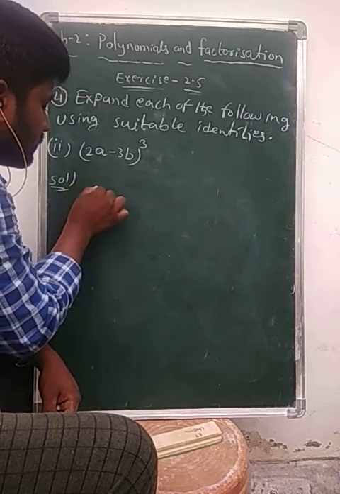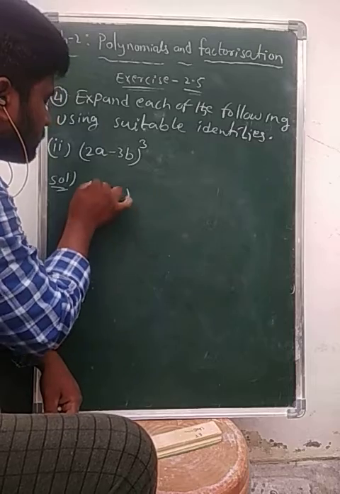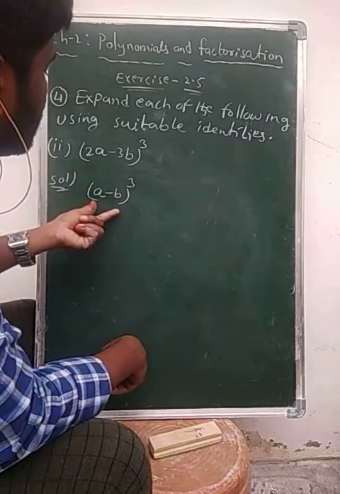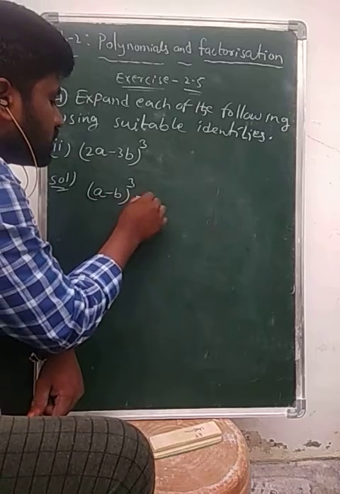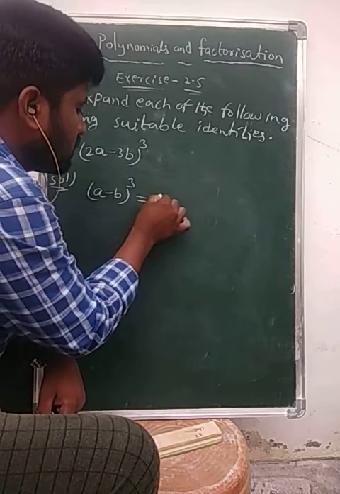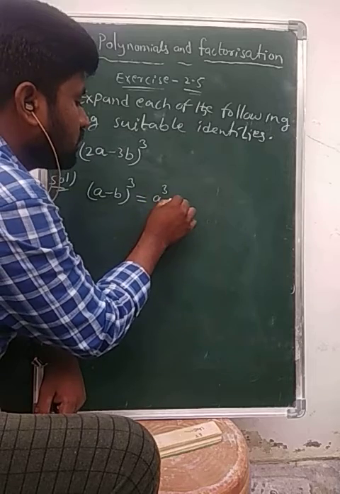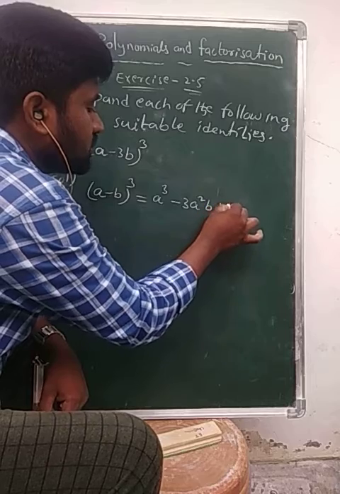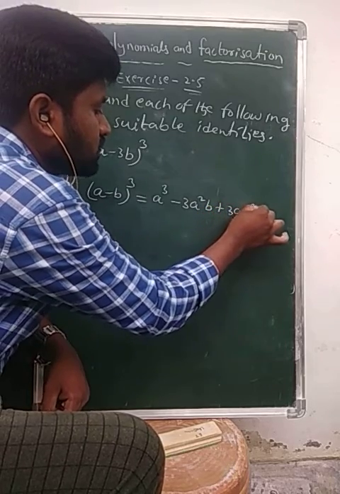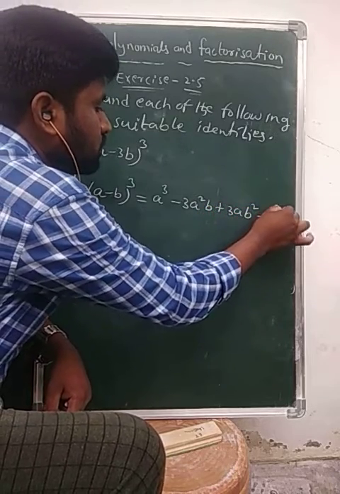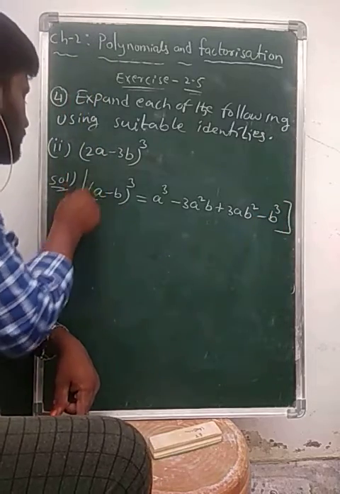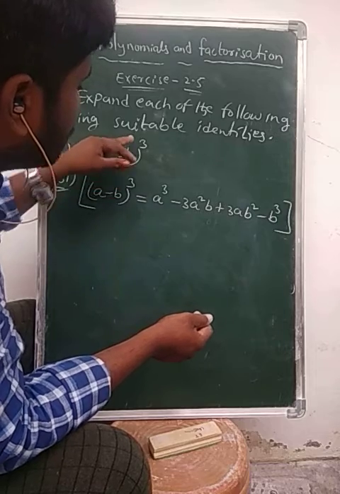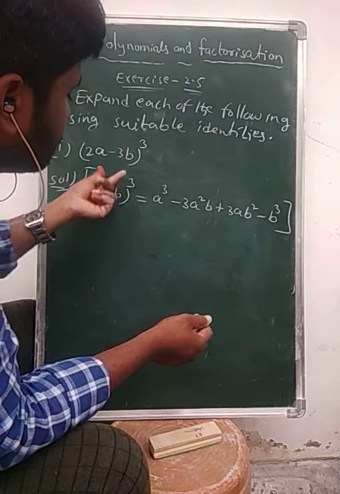It is in the form of (a minus b) whole cube. Same form lo undi, (a minus b) whole cube means we can write it as a cube minus 3a square b plus 3ab square minus b cube. (2a minus 3b) whole cube means it is in the form of (a minus b) whole cube.